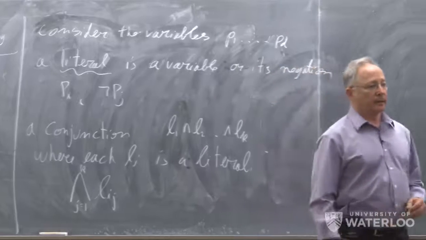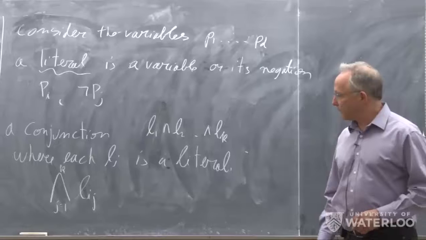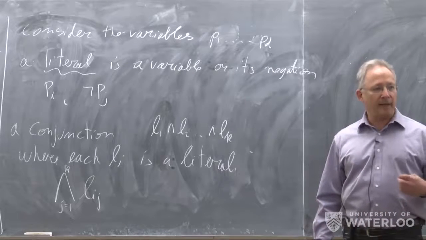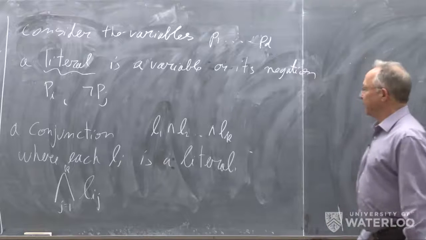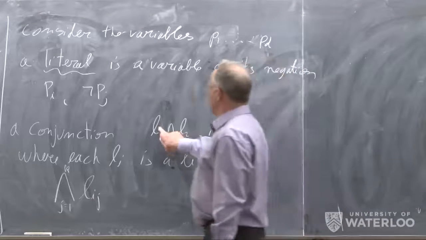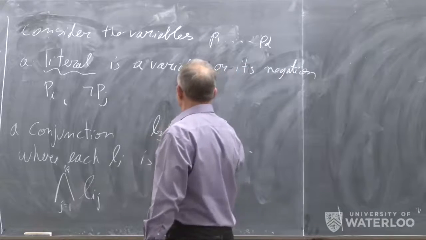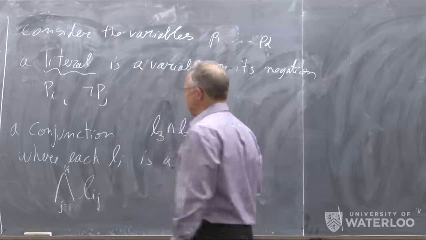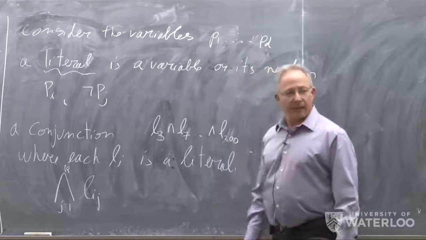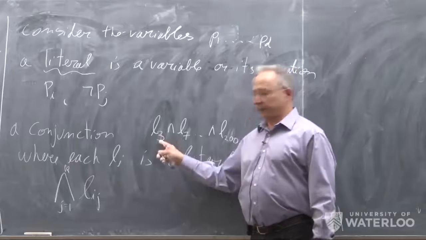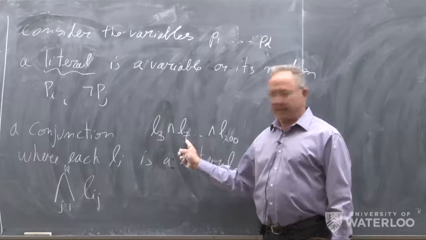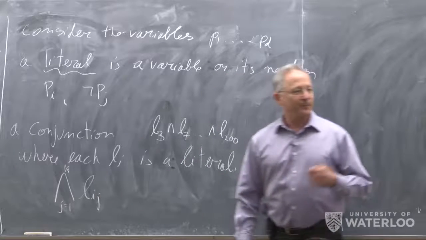What is I there? Okay, so assume that what I have here is L3 and L7 and L200. So I1 will be 3, I2 will be 7, and Ik equals 200.